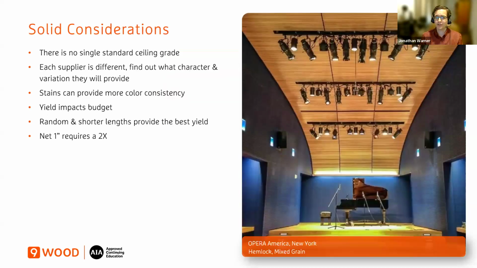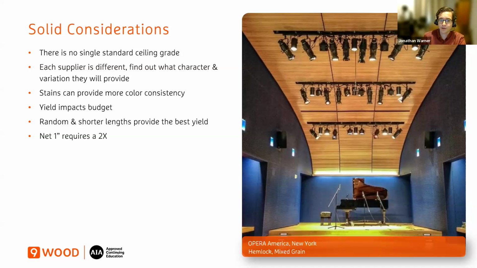And we're dealing with custom materials and wood materials. Like I said, there's a lot of natural and color variation, and there are things to consider when you're specifying solid wood. Keep in mind, there is no single standard ceiling grade. Every supplier is different, and oftentimes they procure or supply wood regionally where they're located. So it's all going to be different.